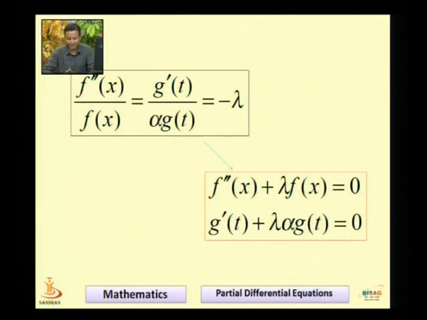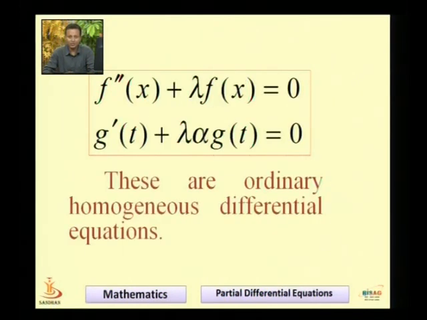So the second equation is a first order ordinary differential equation, the first equation is a second order ordinary differential equation. Now you know how to solve an ordinary differential equation. These are ordinary homogeneous differential equations, and their general solution is given by simply finding their complementary function. Their particular integral will be 0.